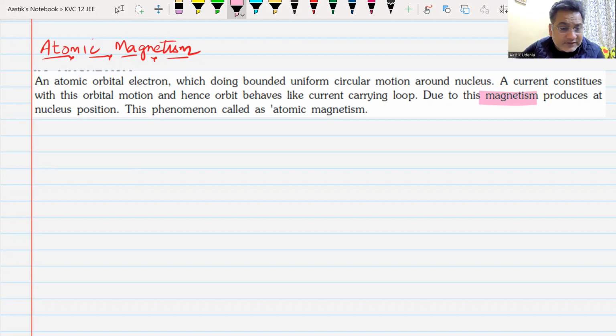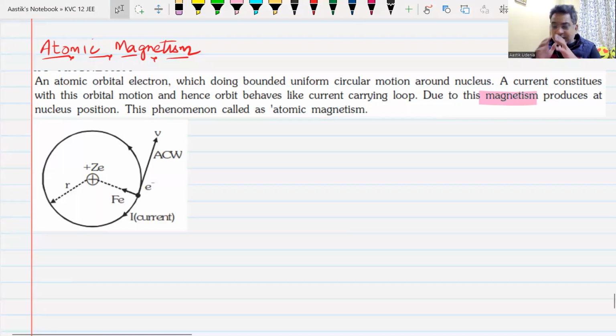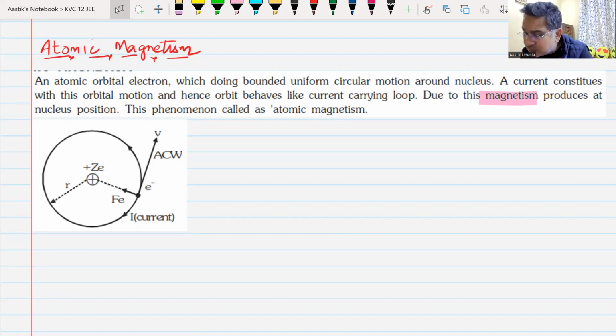Okay, I'll first listen to what I am saying, and then I'll give you time to write. So if I just draw a very vague diagram of the nucleus and the electron revolving around it, it would look like this. Ze is the charge inside the nucleus.